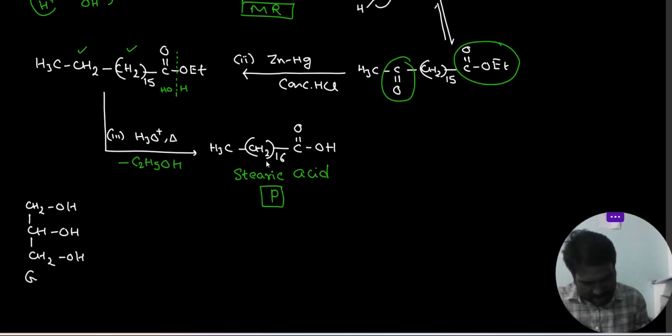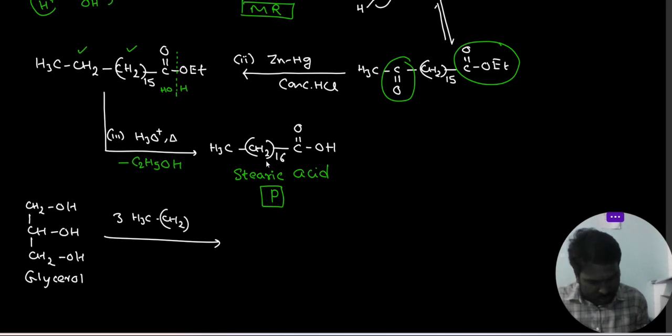This is glycerol. This glycerol reacts with 3 moles of stearic acid, CH3, CH2 16 times, COOH. 3 moles, excess means 3 moles.